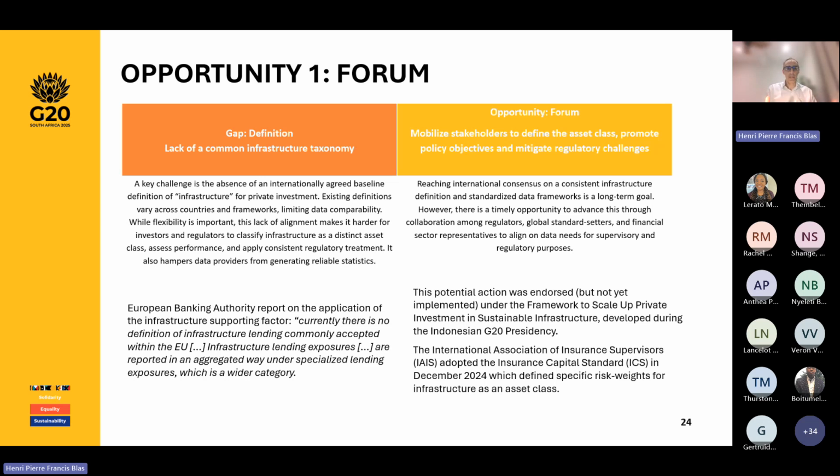It's obviously a huge undertaking because, like I said, most countries define infrastructure in different ways. But we'll start with a forum that will involve the regulators, central banks, and others to identify what could be the steps in order to address that challenge.